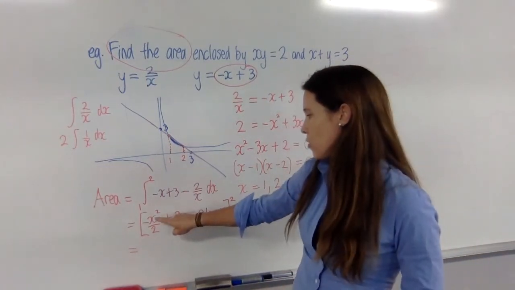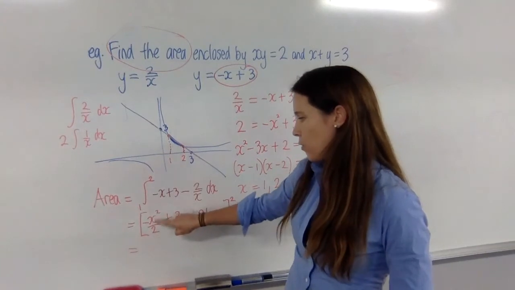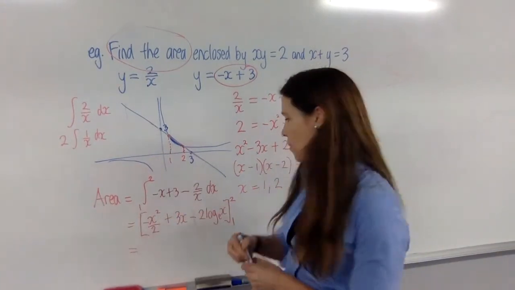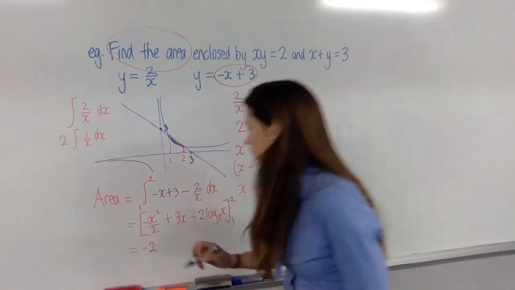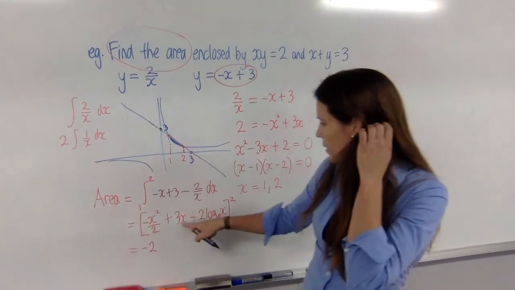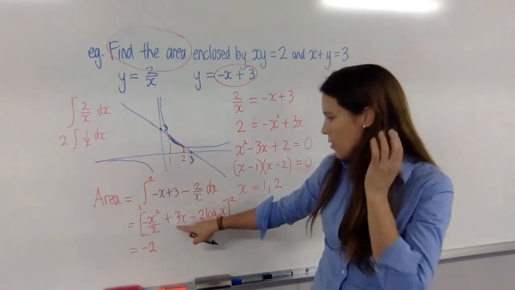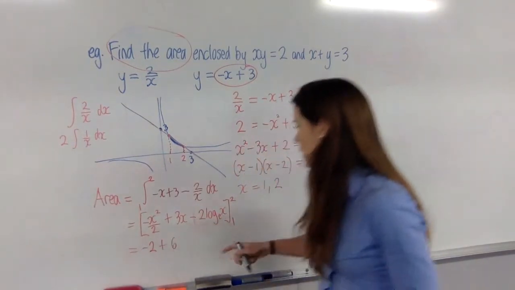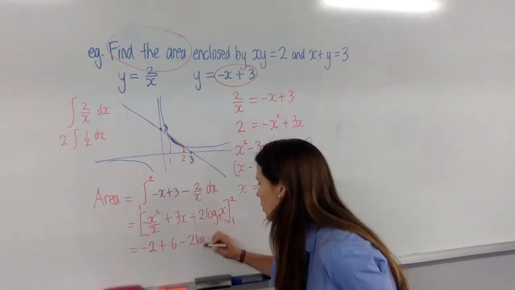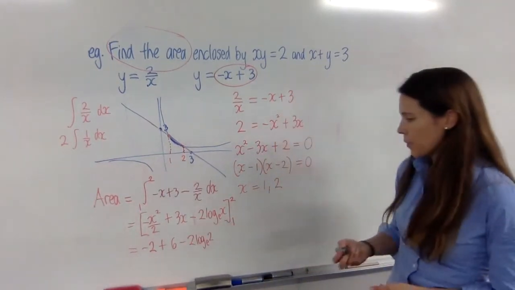So square the 2 first to get 4. 4 divided by 2 is 2, and that minus is just hanging out the front, so we've got minus 2. That's a place you could make a mistake. All right, next thing, we need to sub the 2 in here, so 3 2s are 6. And we need to sub the 2 in here, so we've got minus 2 natural log of 2.